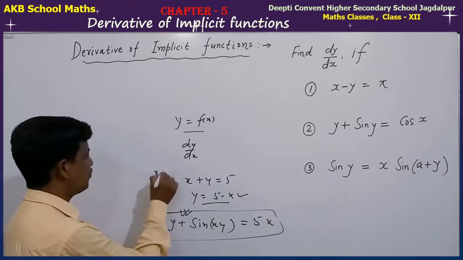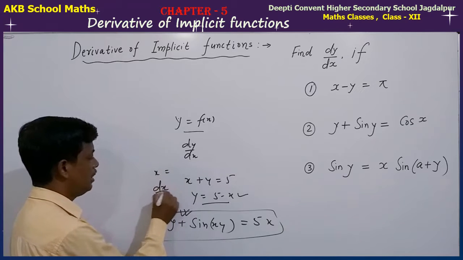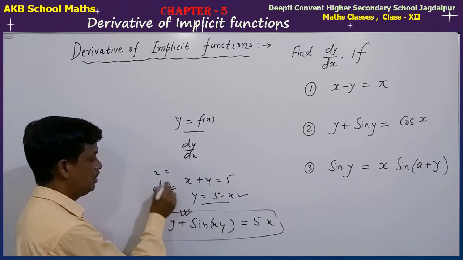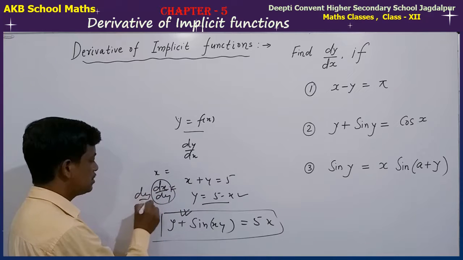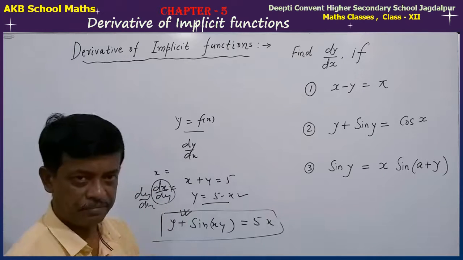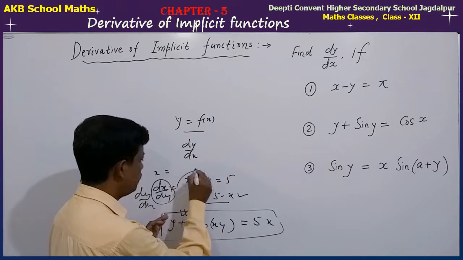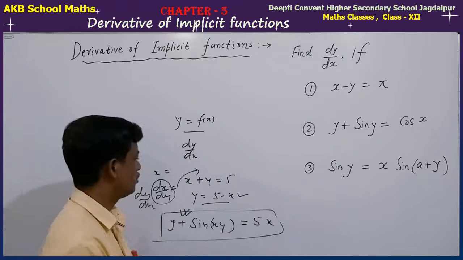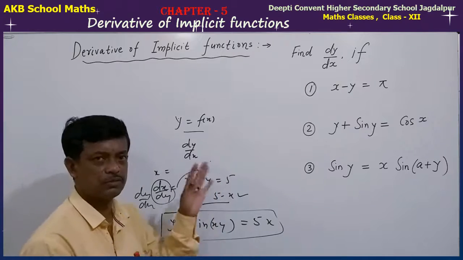If x is a function of y, then you can find dx upon dy, and then invert it to get dy by dx, then you can find the derivative. The derivative can be in terms of x, or in terms of y, or in terms of both.